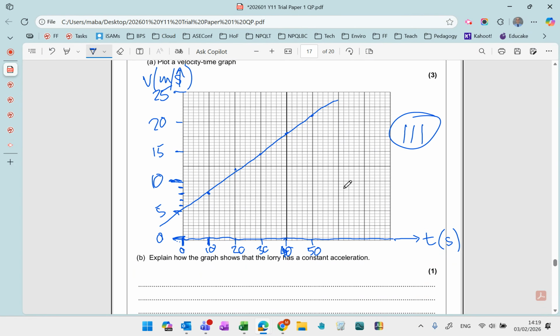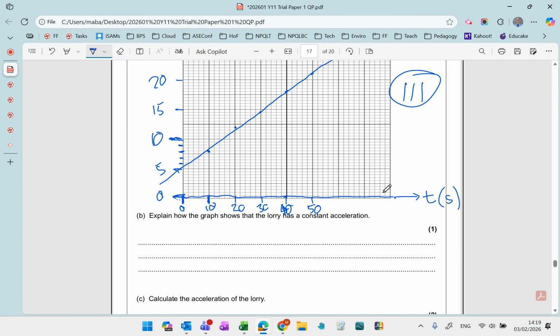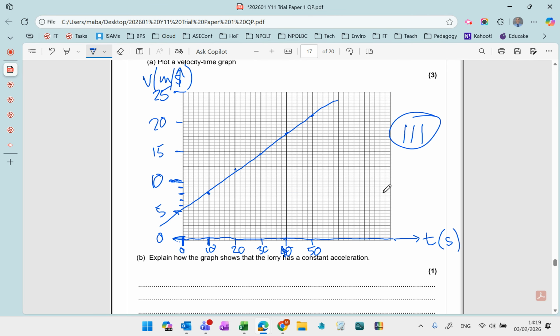Happy days. So how does the graph show that the velocity's got a constant acceleration? Well, think about the formula for acceleration. It's the change in velocity over the change in time. Which is interesting, isn't it? Because velocity's on the y-axis and time's on the x-axis. Hold on, delta y over delta x, that's the rise over the run.